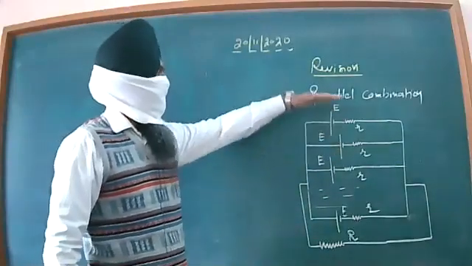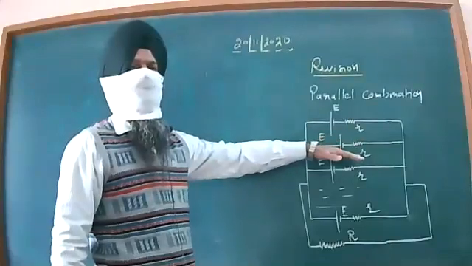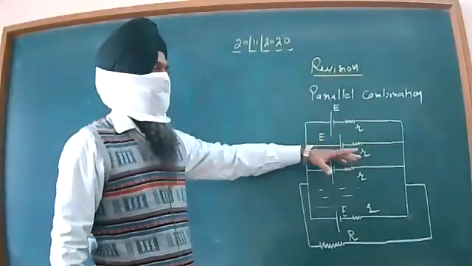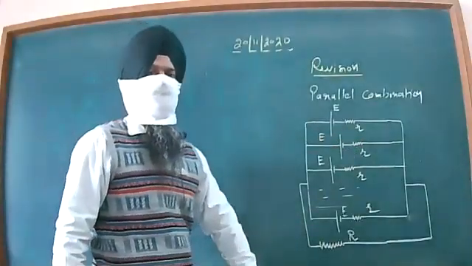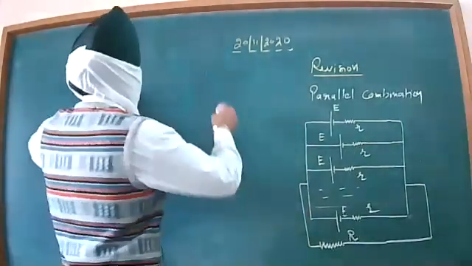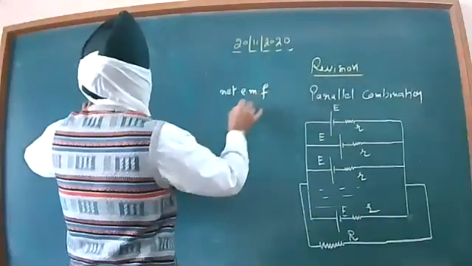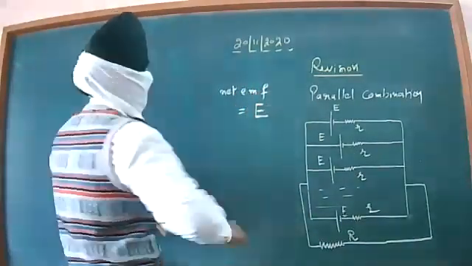Now, as all the cells are connected in parallel, and we know well that in a parallel combination the given potential remains the same. So the net value of EMF in this case will be equal to capital E only.